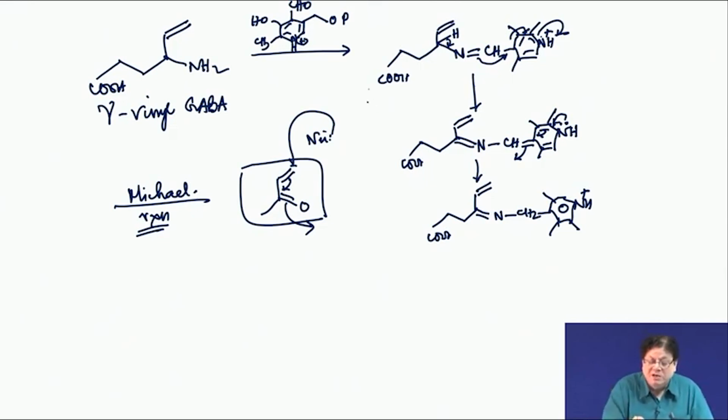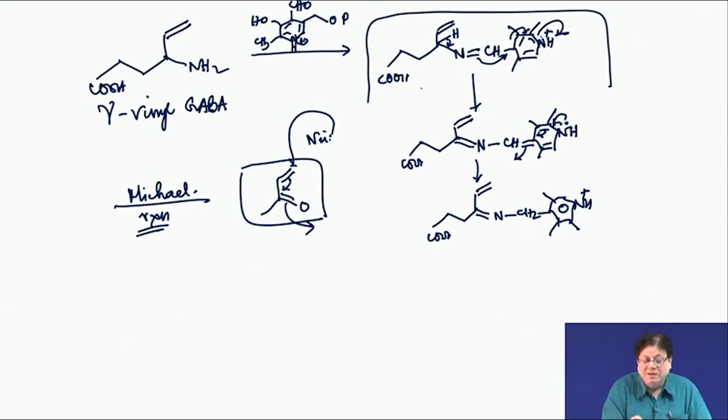Remember, these reactions are actually going on in the active site of an enzyme. So, if the enzyme has an electron rich group XH, it could be SH, it could be OH, or it could be an NH2 not present as NH3 plus, then this XH can add to this double bond and form a covalent connection.